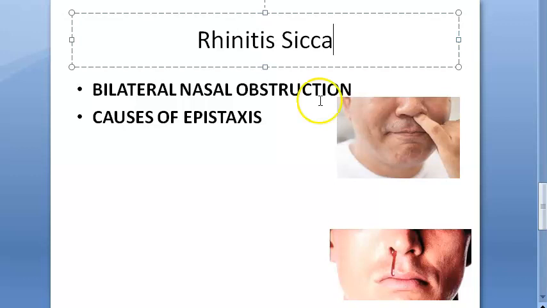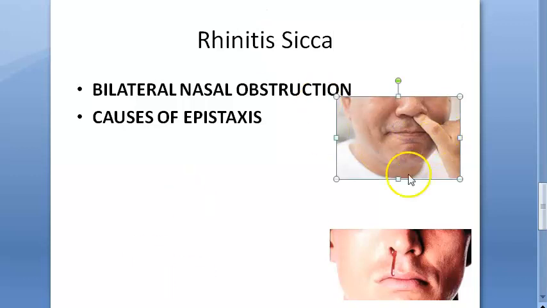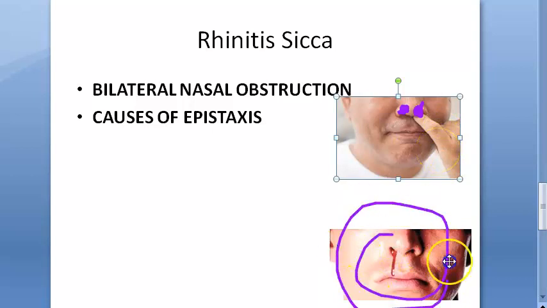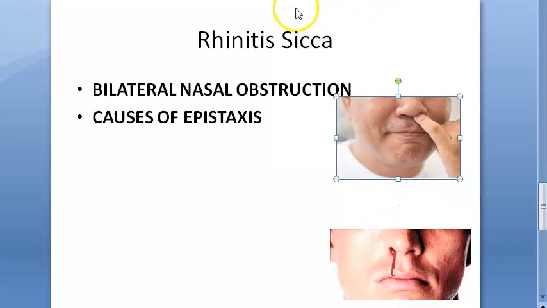Rhinitis Sicca. These people will have crust formation in the anterior third of the nose. So they will try to pluck it, nose picking. Then it will lead to epistaxis. It can also lead to the perforation of the nasal septum.